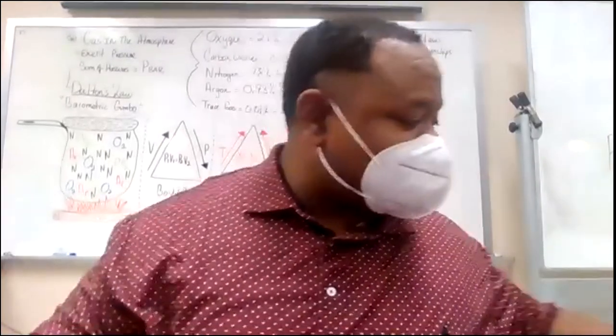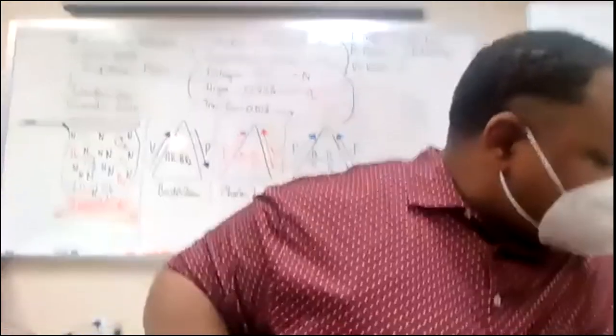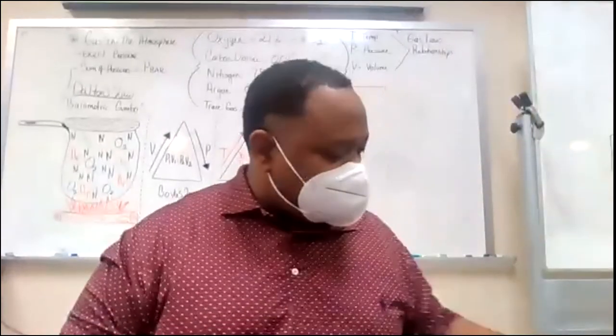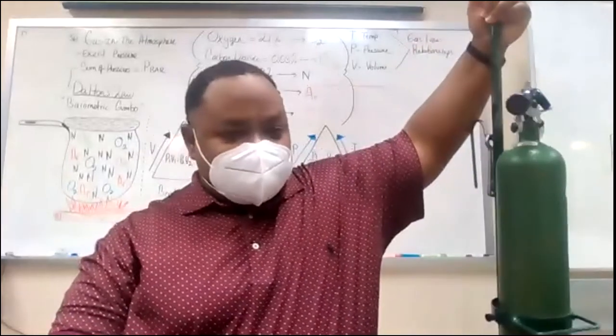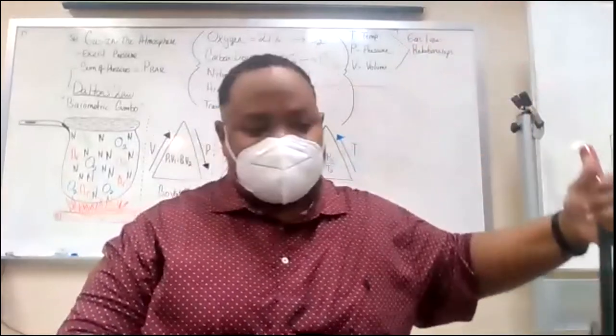And then tomorrow we are going to go over the actual cylinders. We're going to put this stuff to rest. We're going to go over the actual oxygen cylinders. This happens to be an E cylinder.